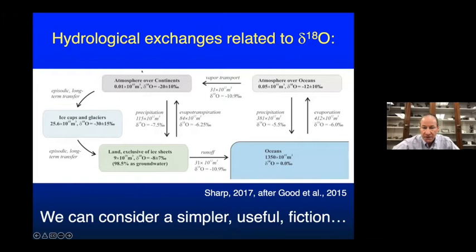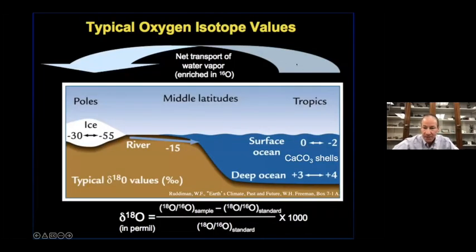And it could be valid to spend weeks discussing these interactions, but for today, we are going to consider a far simpler, but very useful fiction. And that is this, that all evaporation happens in the tropics. And then air parcels move to cooler regions through middle latitudes and toward the poles.